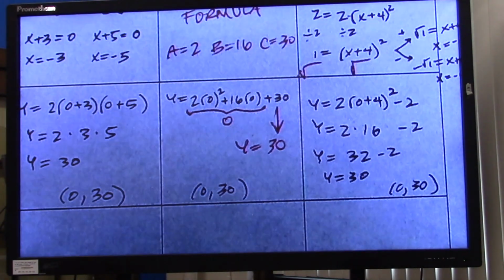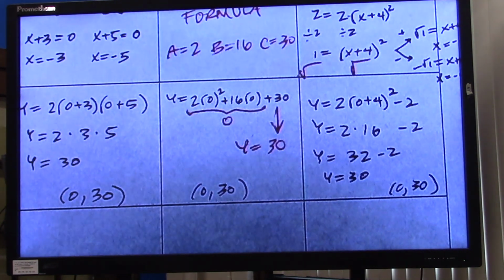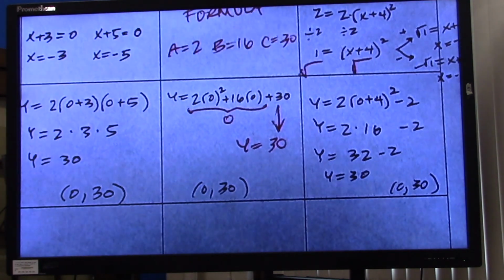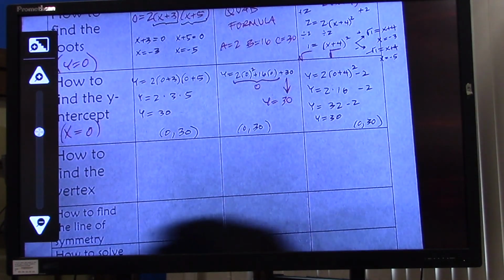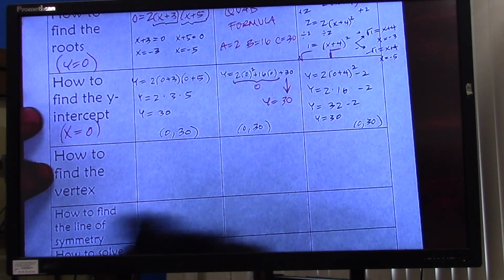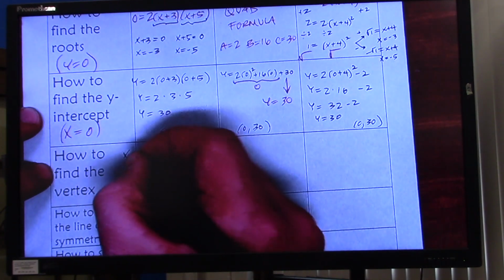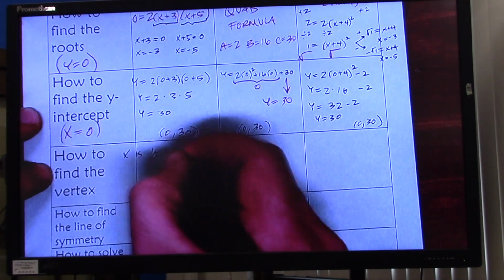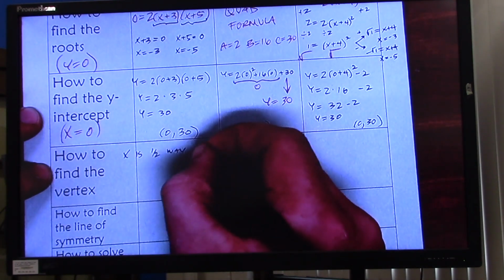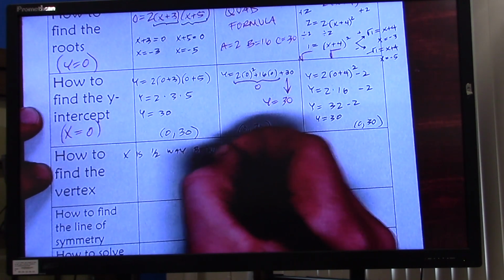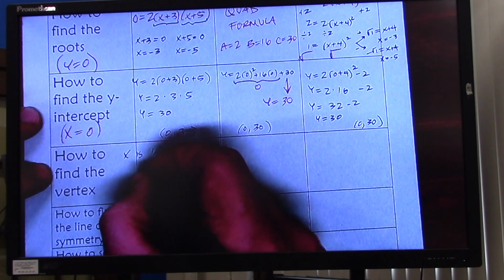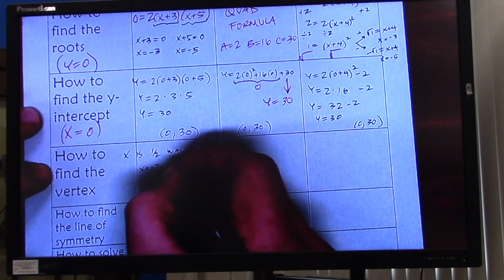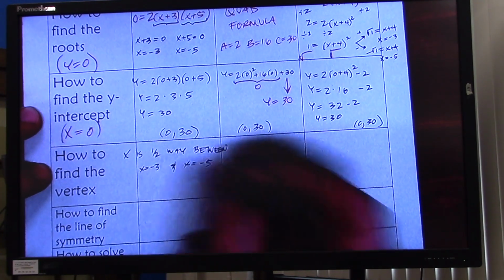We're going to find the vertex from every form now. Okay, back to the first one. How do you find the vertex? Well, it's a symmetrical shape, so we're going to find halfway. X is halfway between the roots.